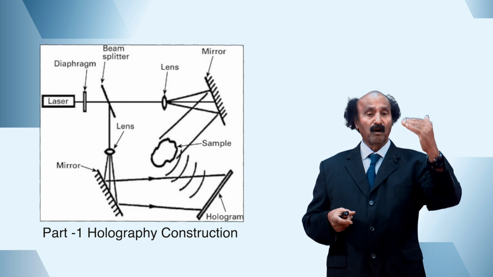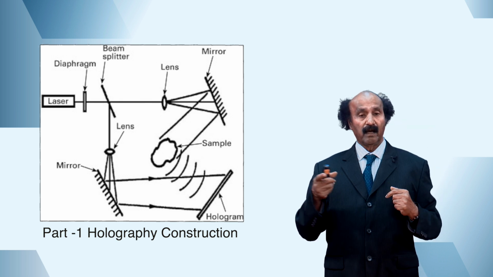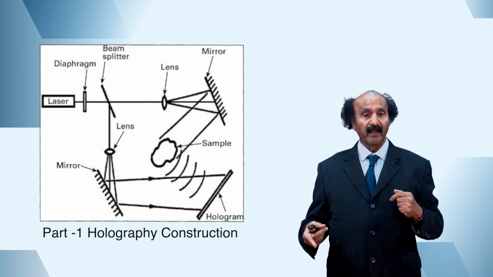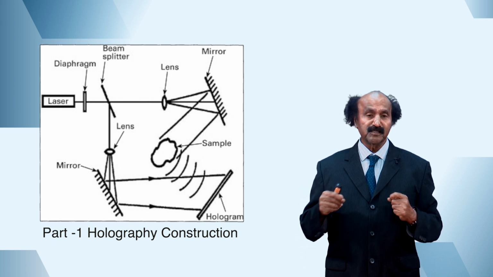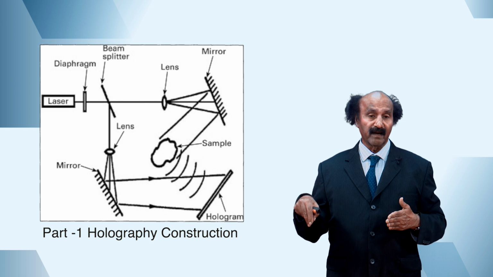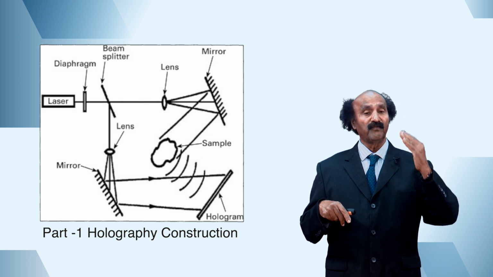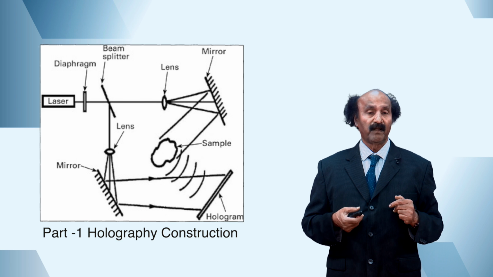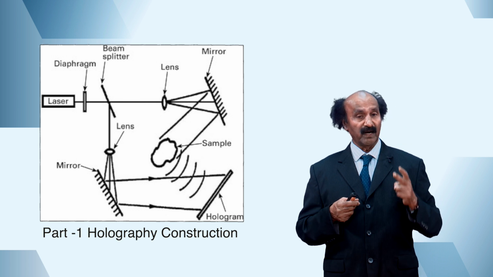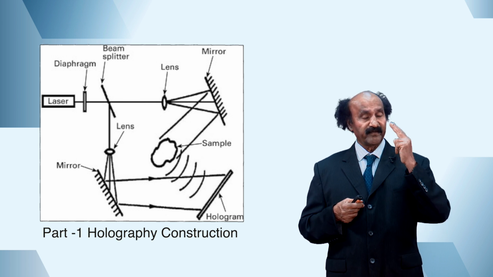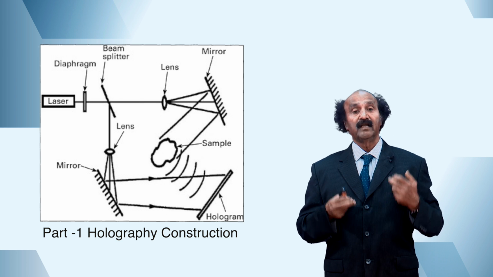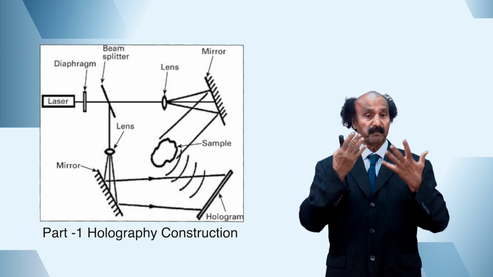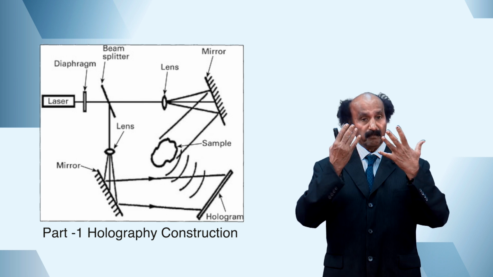That is the object beam, and from the bottom, with the lowest mirror there, the reference beam will go as a parallel wavefront, and that also will fall on the holographic plate. That means there are two types of waves. One is the reference beam, the other is the object beam. These two beams will interfere on the special type of holographic plate.